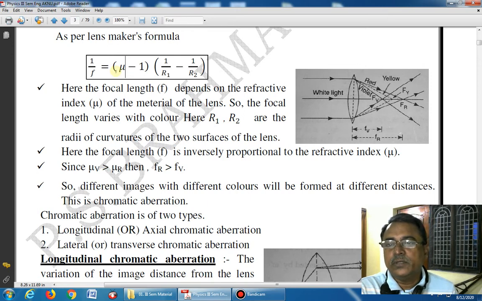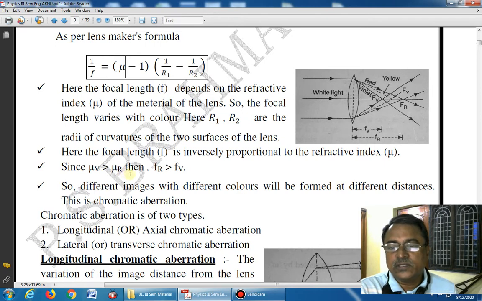Inversely proportional means if f increases, then mu decreases, and because of that when fr is greater, then mu r is less.